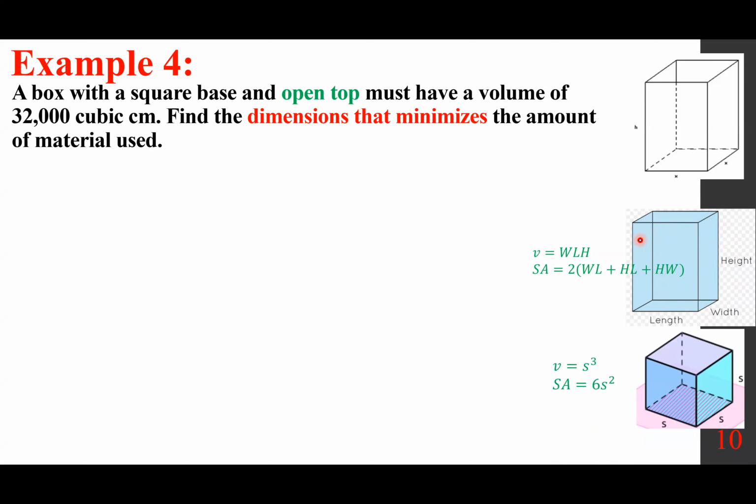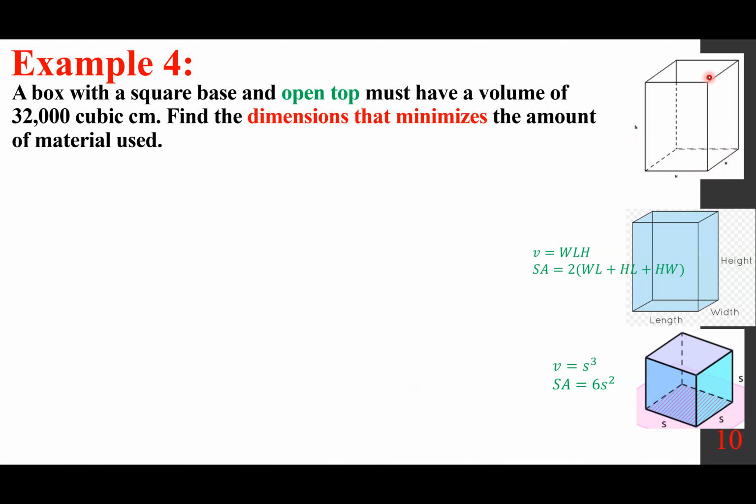If it happened to be a cube, which means all sides are identical, the volume is s cubed, and the surface area, SA, is the area of one side times however many sides, so 6s squared. In this case, we have a case where the bottom is square, okay, and the top is open.